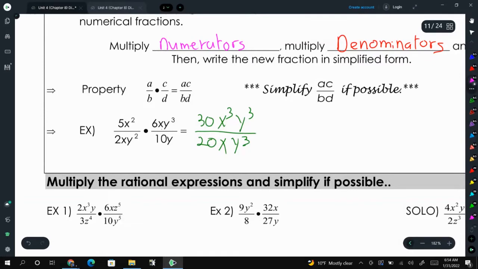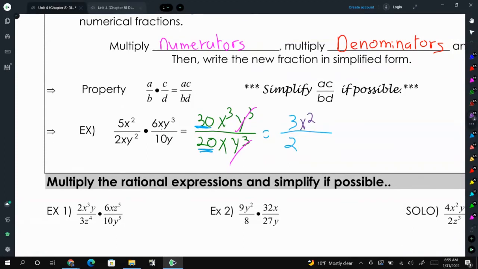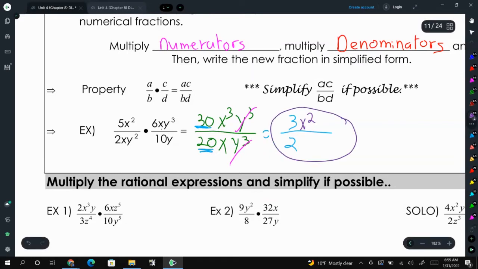So we can cancel out the y to the 3rds. We can also simplify 30 over 20 to 3 over 2. Now we have an x to the 3rd on top over x. That's going to simplify to x squared on top. And this would be our simplified expression.